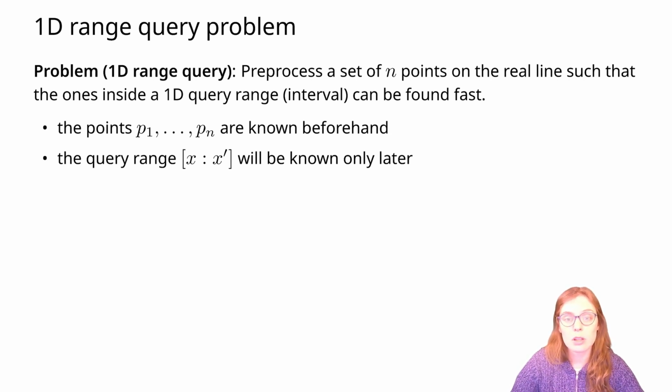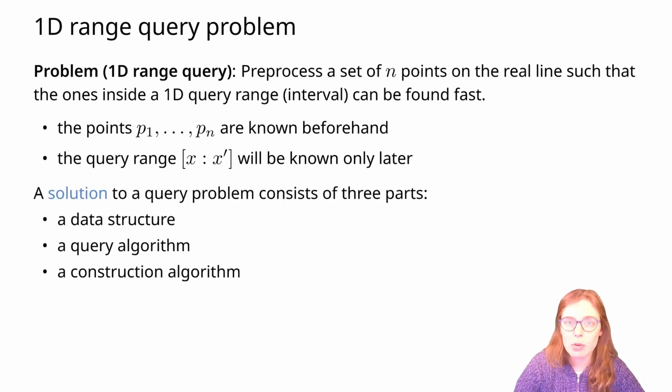So, the points are known in advance. We want to pre-process them, but the query ranges are not known in advance. We want to make a data structure that for any range answers the question of which points fall into this range quickly.